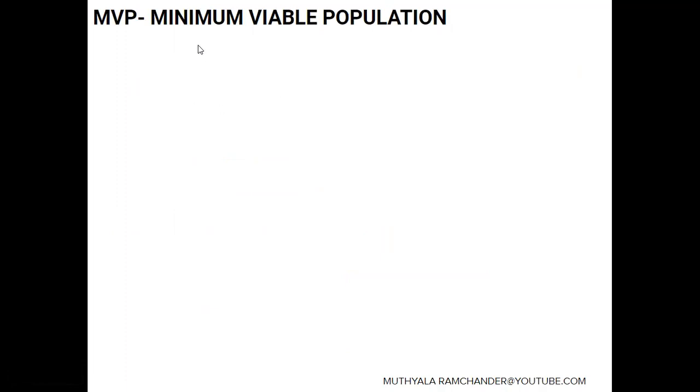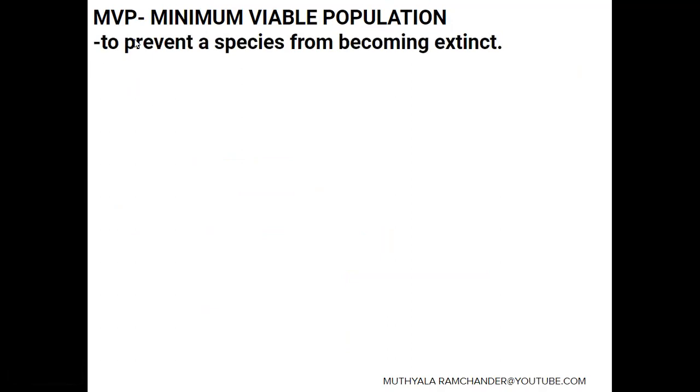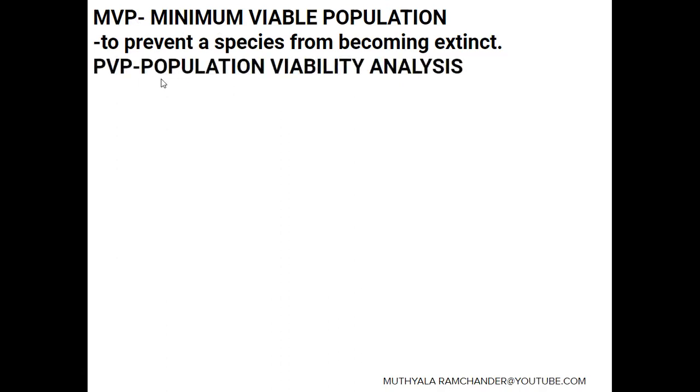MVP, minimum viable population. MVP indicates the population needed to prevent a species from becoming extinct. It is one type of valuation for the prevention of species extinction. PVA, population viability analysis.